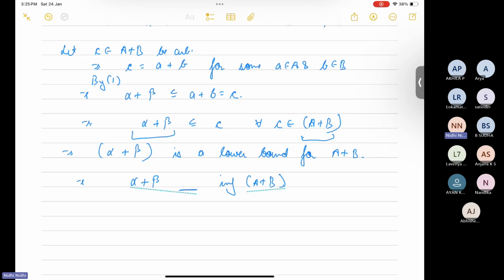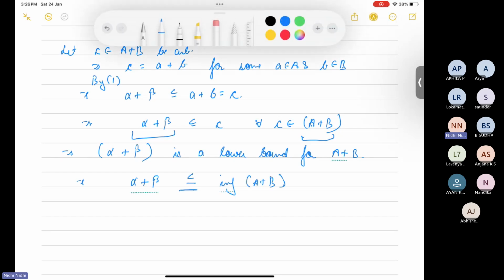So alpha plus beta will be less than or equal to infimum of A plus B, because infimum is the greatest lower bound and alpha plus beta is just a lower bound.